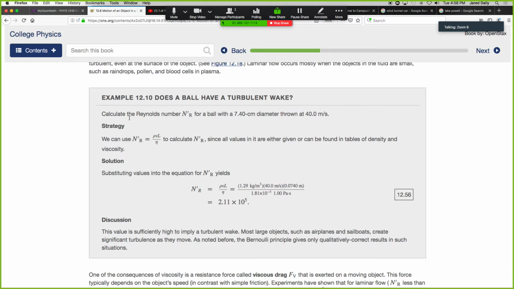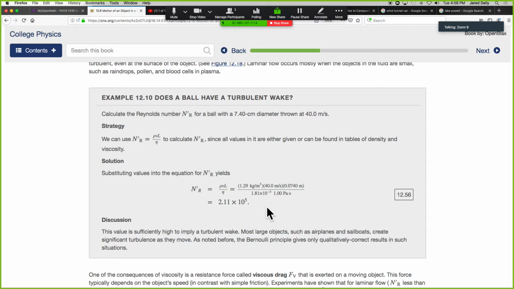So if they do this, the Reynolds number for a ball going through air at 40 meters per second, right? You have the density of air, which is 1.29 kilograms per meter cubed. You have the speed of the ball, 40 meters per second. And then you have the length of the ball, which is essentially going to be like the diameter of the ball, right? Divide that by the viscosity of air, and you get 2.11 times 10 to the fifth.